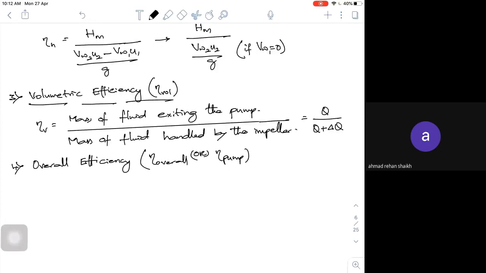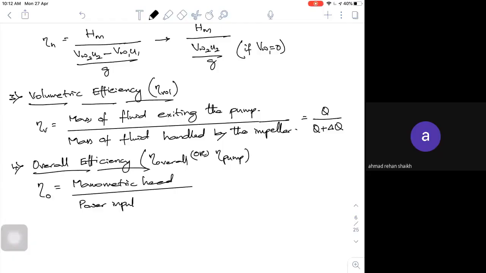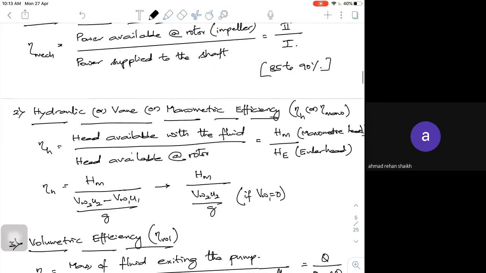It is the ratio of the manometric head to the power input to the shaft. So Hm by the power input to the shaft, which is what I am trying to supply at the inlet.